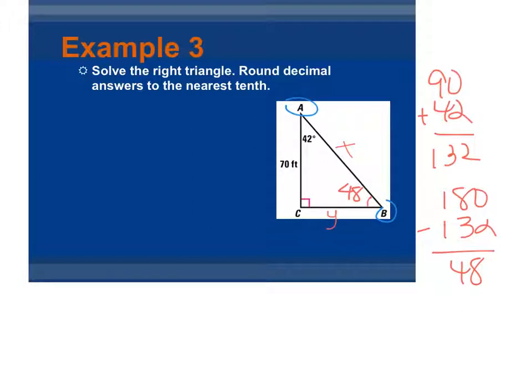So once you get the bottom leg, you don't have to do sine, cosine, or anything of that again. You just do Pythagorean theorem. You could, yes. Now, what I recommend you do is do the trig ratios, but only do it on the given information. Because let's say you did that, you found either the hypotenuse or the opposite, but what if you put the wrong button on your calculator?